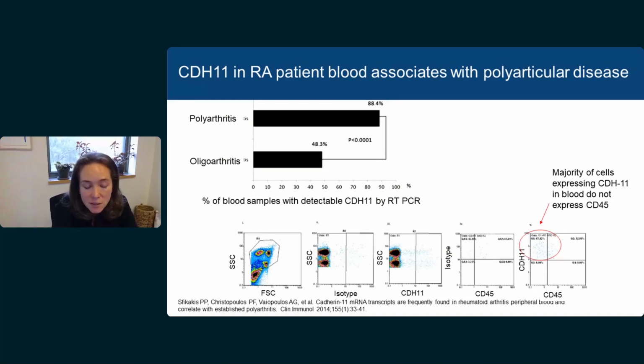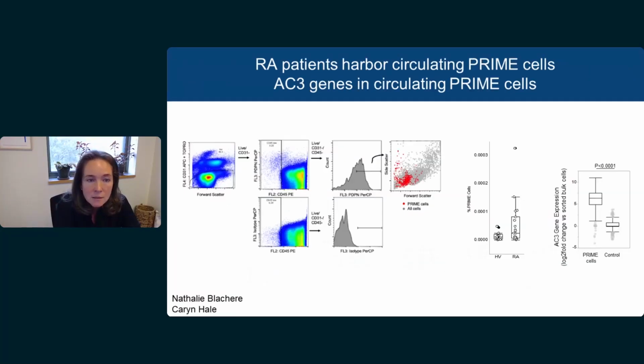And when they did flow cytometry to see which cells in the blood express cadherin 11, it was really CD45 negative cells, which are non-hematopoietic cells, suggesting there's a non-hematopoietic cell in the blood of patients with polyarticular arthritis that also expresses cadherin 11, a marker for fibroblasts.